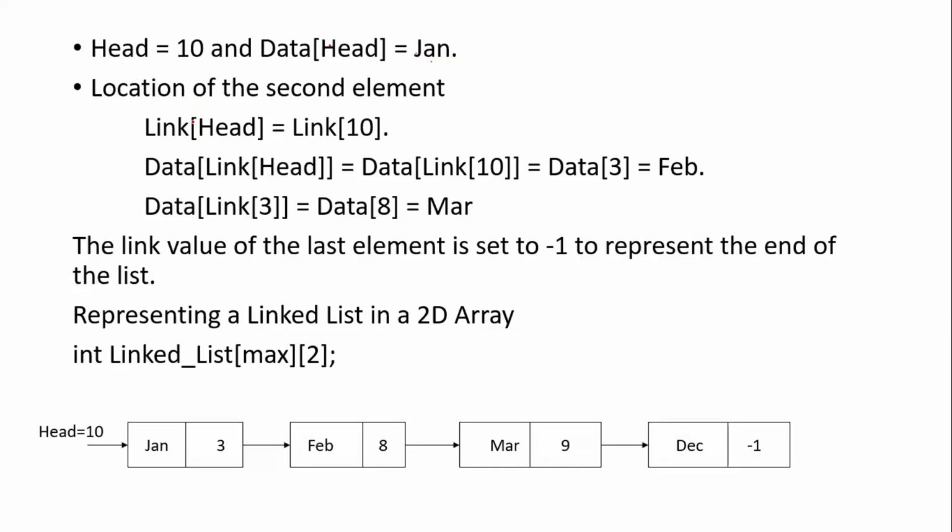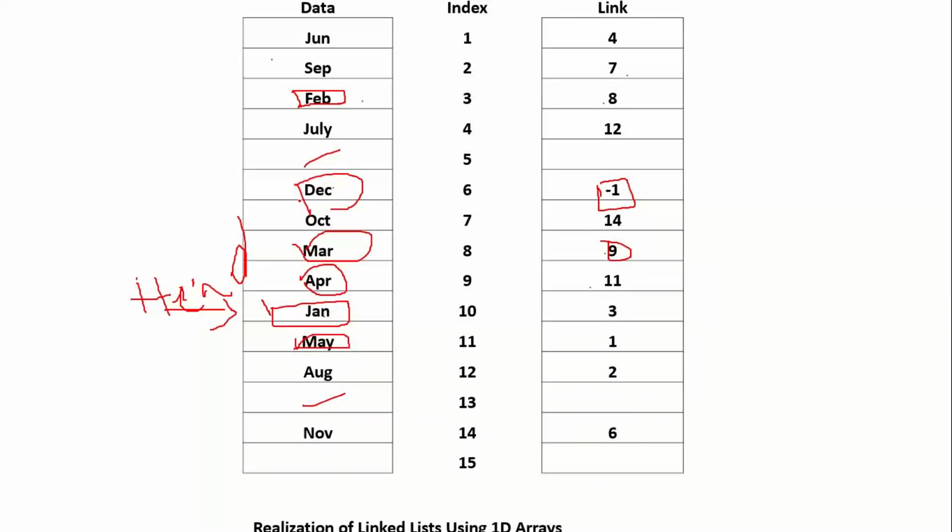First, see, link of head, you will read link of 10. So the data at link of head is nothing but the data at link of 10, which is 3. See, link of head, so this is the header pointer. What is the link here?